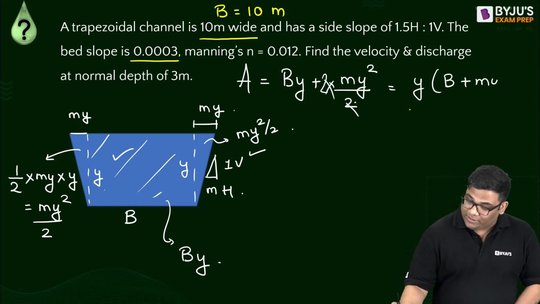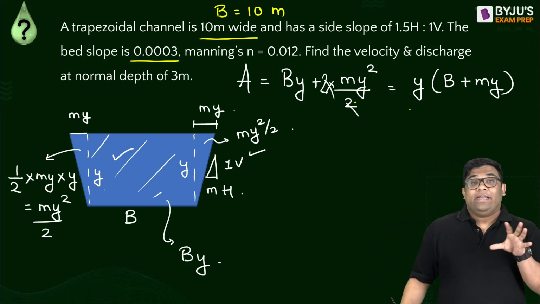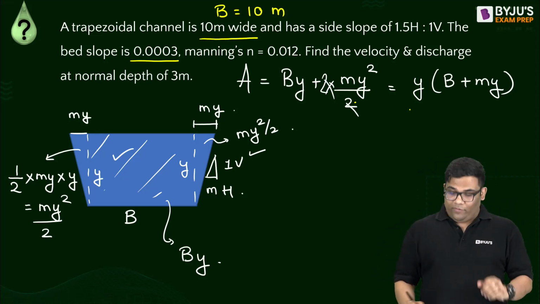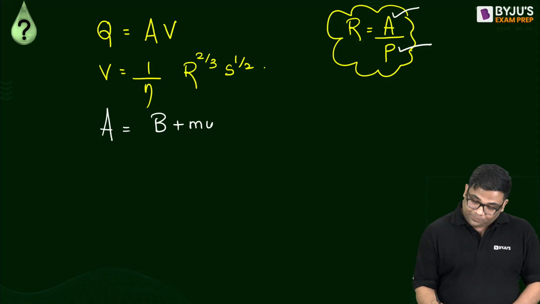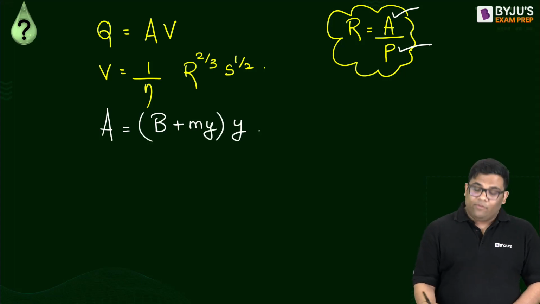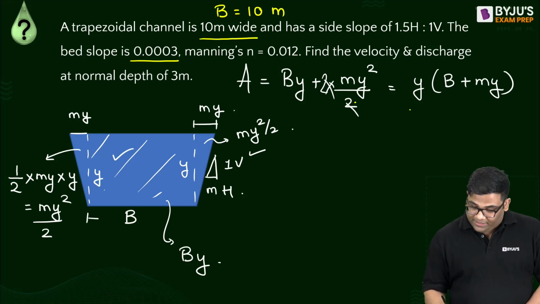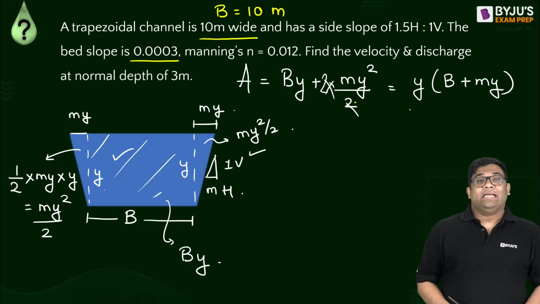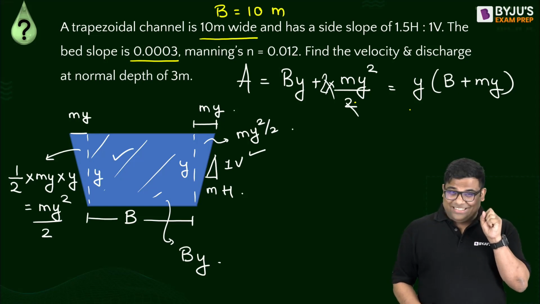So remember this equation to find out the area of a trapezoid. The area of a trapezoid is b plus m y into y, where b is the bottom width, y is the depth, and m is the side slope.